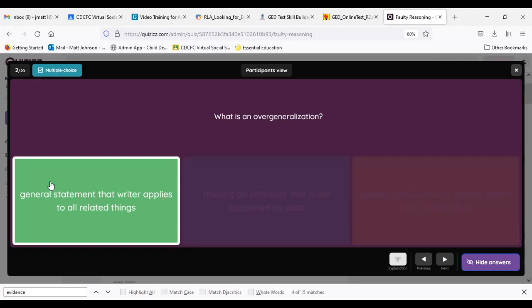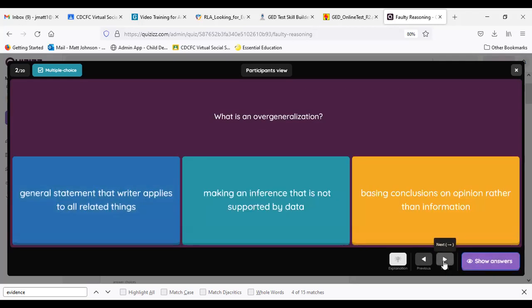You may have had a birth defect where you're only born with one. You may have had one removed because of an injury, or kidney disease, or cancer. So that's the difference between an accurate, logical generalization and an overgeneralization. A general statement that the writer tries to apply to all related things. Again, look for those absolute terms, right?